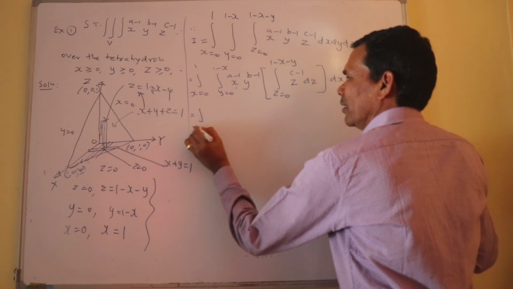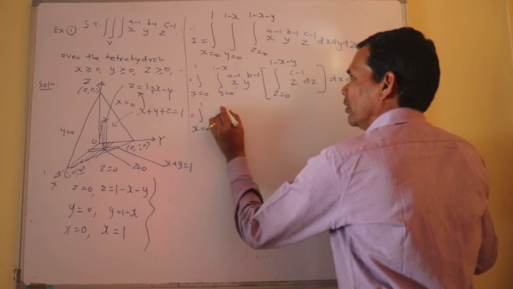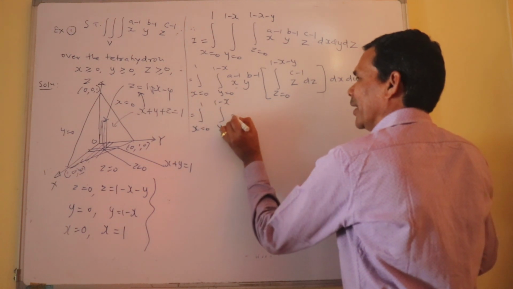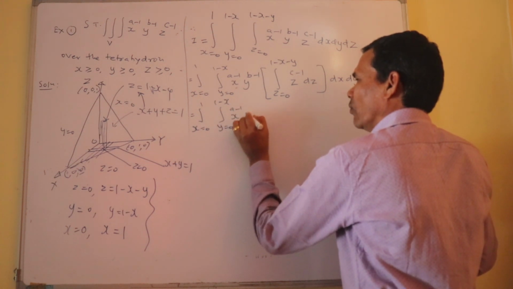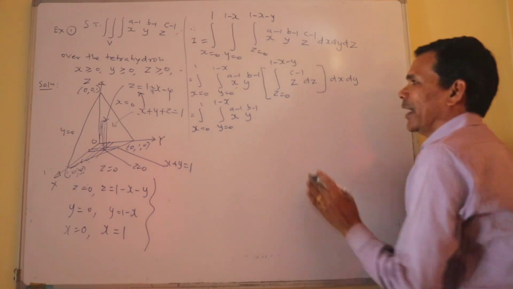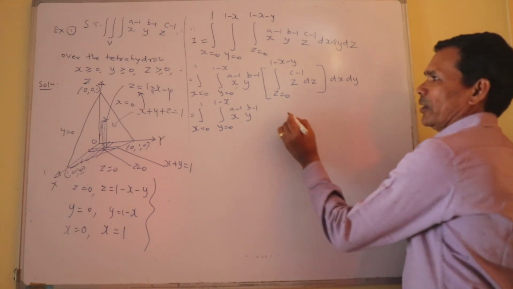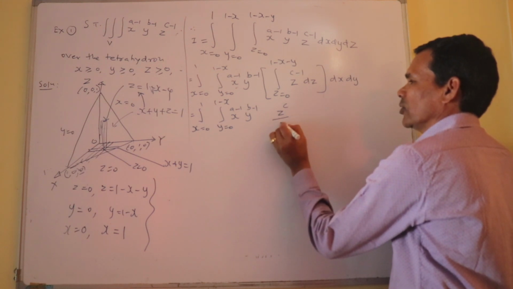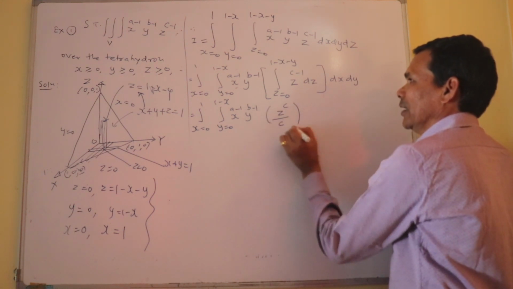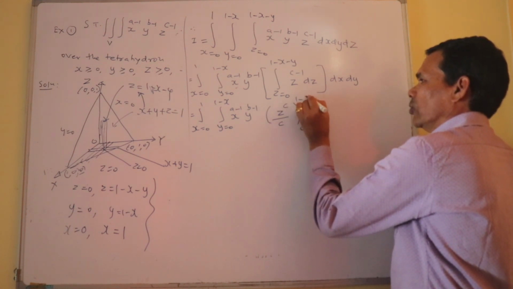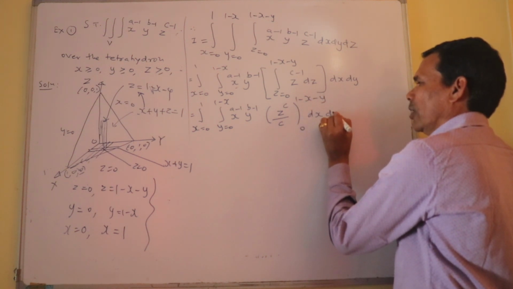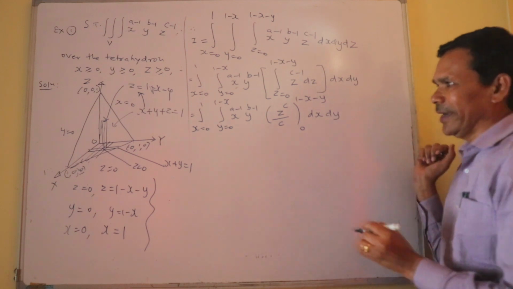It would be x from 0 to 1, y from 0 to 1 minus x, and x raised to a minus 1, y raised to b minus 1, and integration of this z raised to c minus 1 plus 1 means z raised to c divided by c, limits applied 0 to 1 minus x minus y, dx dy. Now it is converted to a double integration.